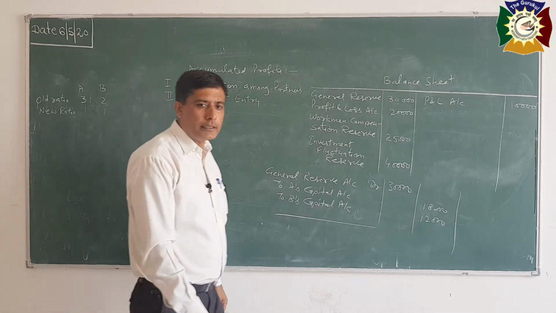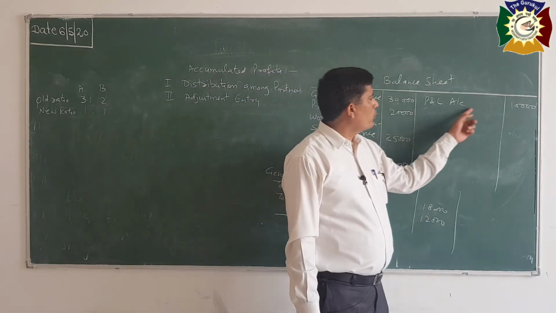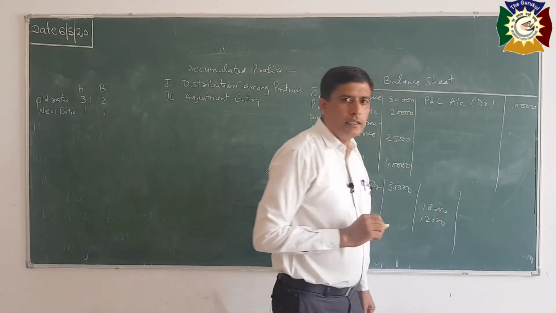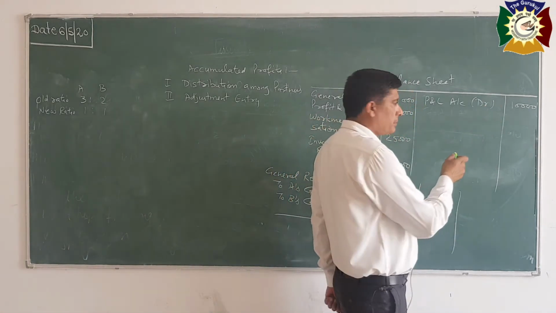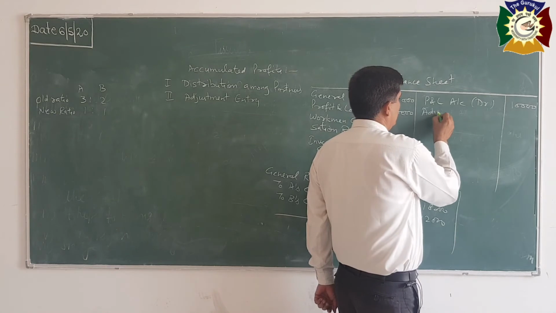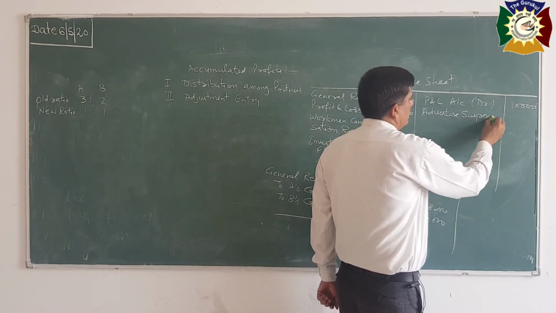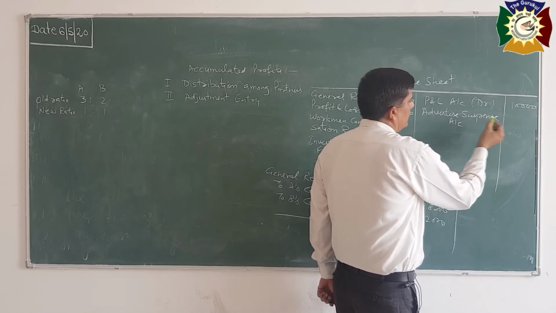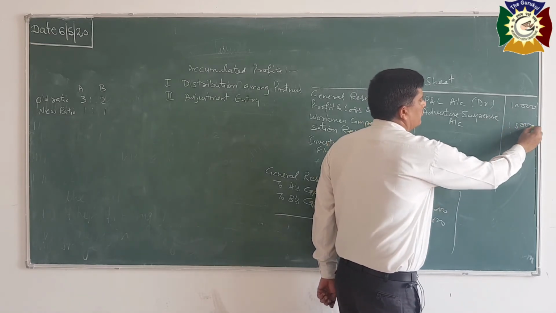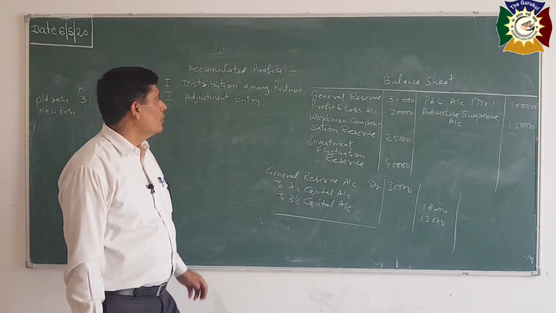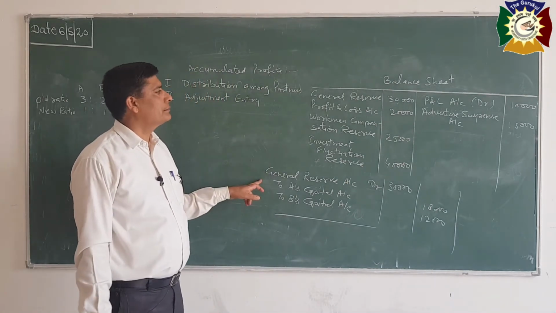These accumulated losses may include profit and loss, this is debit balance, or it may be like advertisement suspense account. Its value is 15,000. So when these accumulated losses are distributed, we will pass reverse entry.